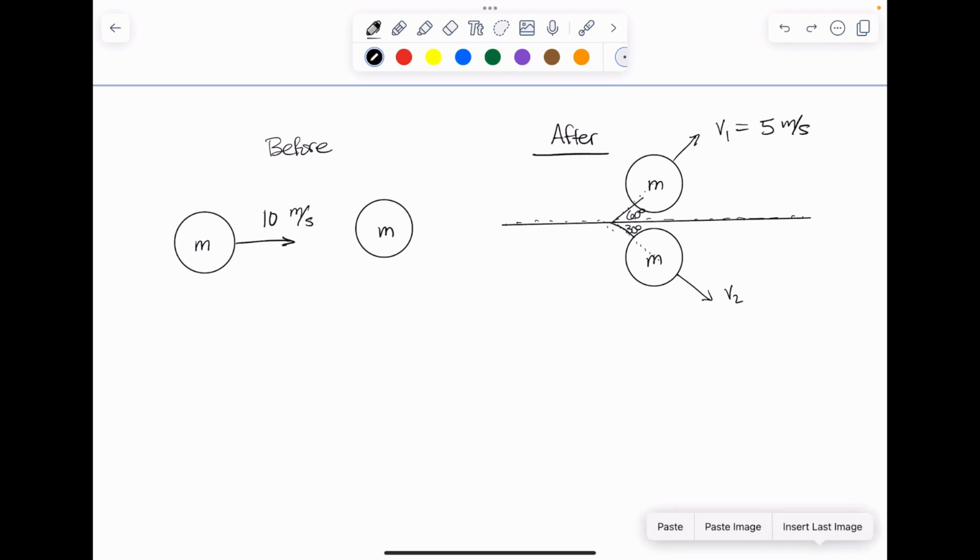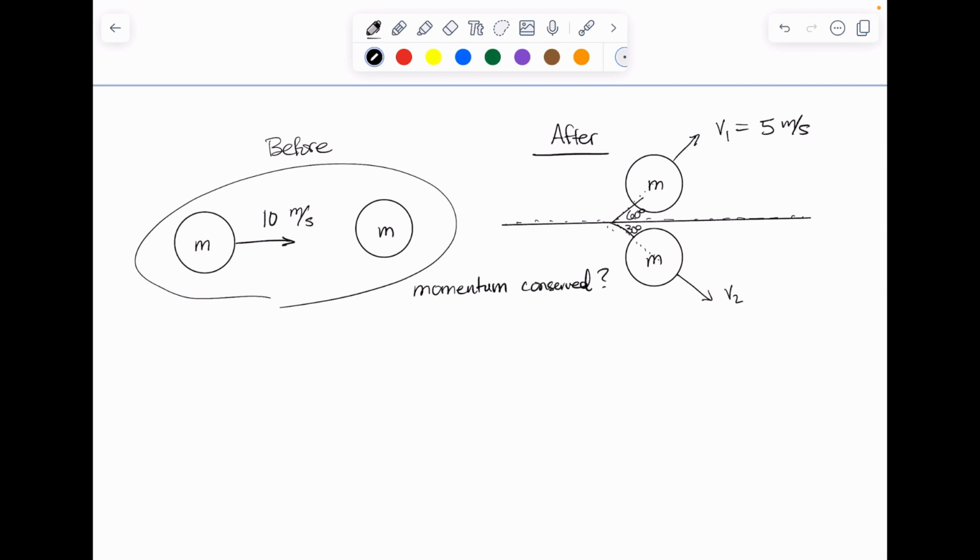And the most important thing to point out is that momentum is conserved, which you should always ask yourself why, right? Why is it conserved? Well, think about the forces, right? Is there an external force acting on this two-ball system?